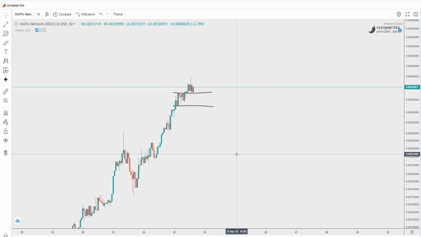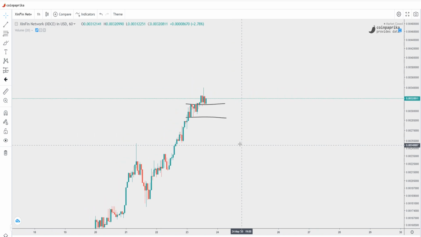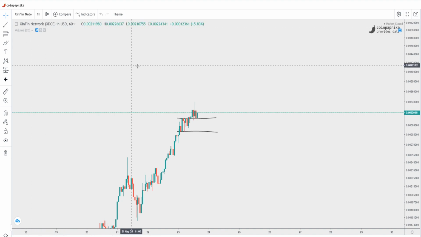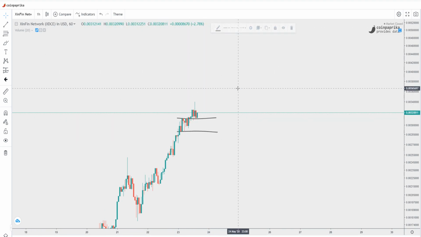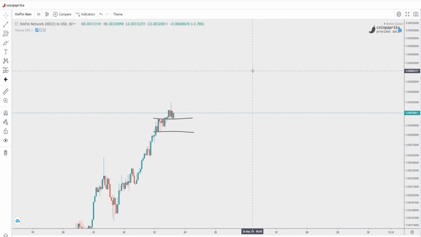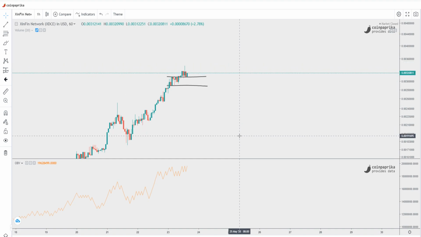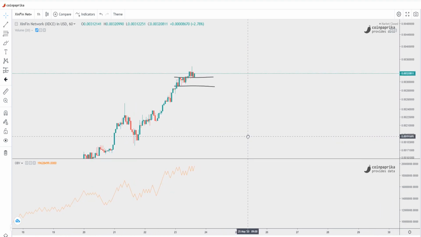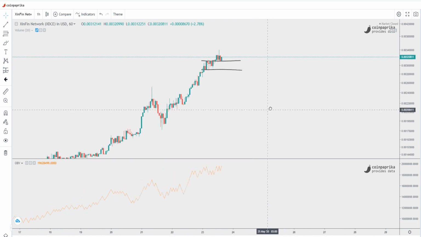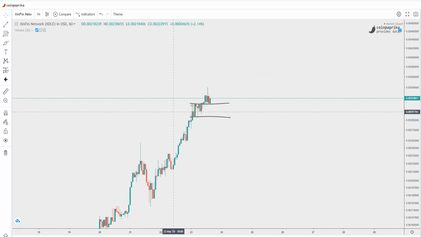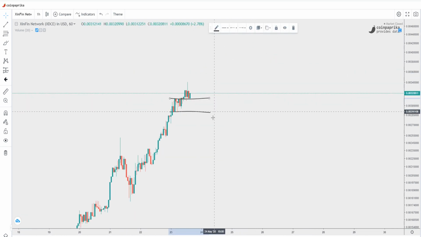Because we can't keep printing new highs and have price discovery without volume, okay? That's a bear trigger. So it's looking great, the volume is following here. It's not bad, but I really don't like parabolic moves, okay?